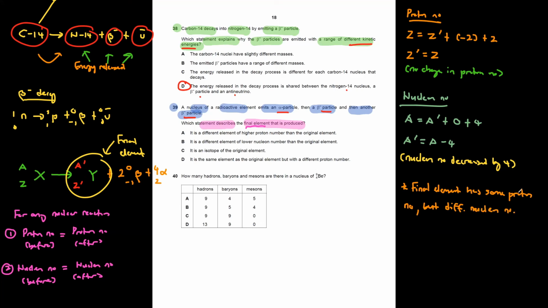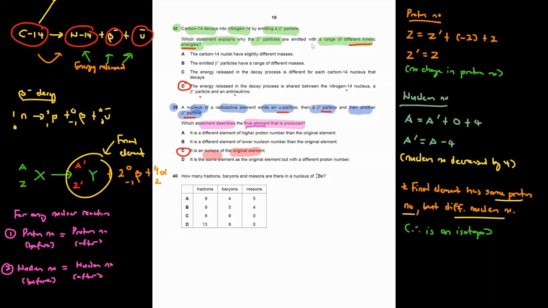So when we have same proton number but different nucleon number, we already should know that this is going to be an isotope. Therefore, it is an isotope. The answer ought to have been C here.